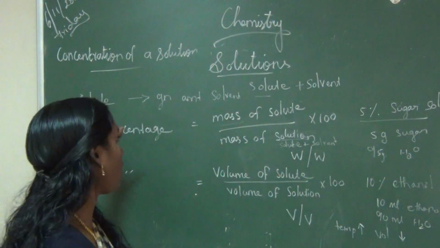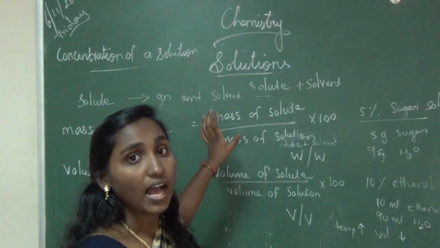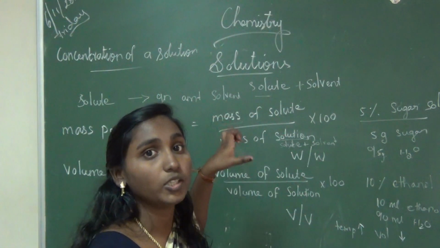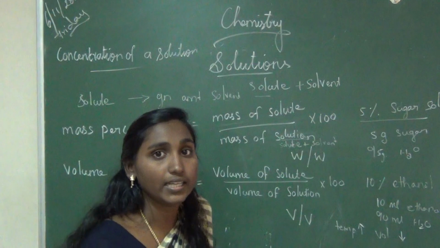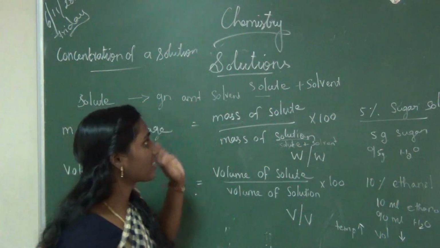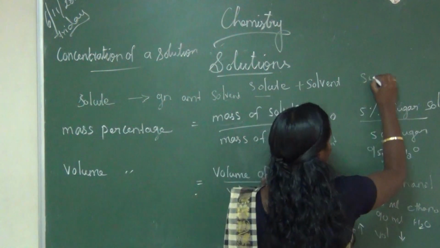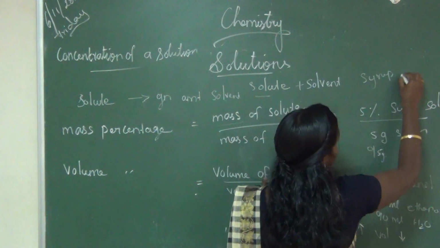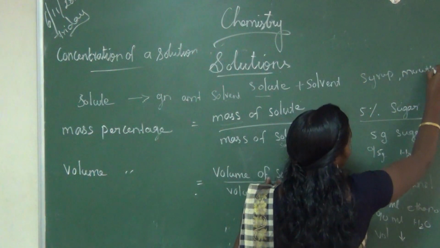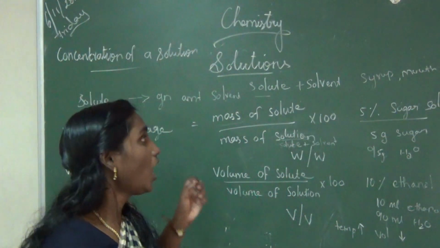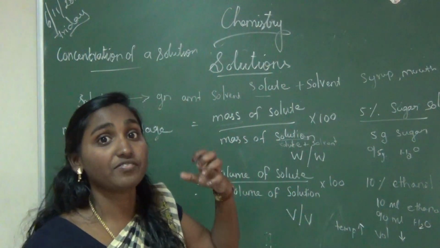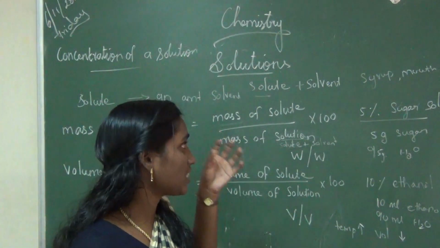Then next, you can notice commercial products. For example, mass percentage, which we already studied, is mostly used when solute is solid and solvent is liquid, right? So here the examples are syrup, mouthwash, household disinfectant liquids.